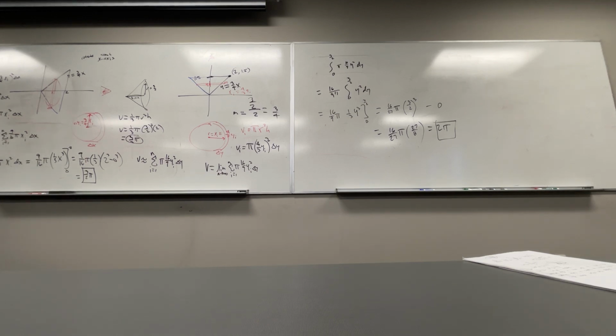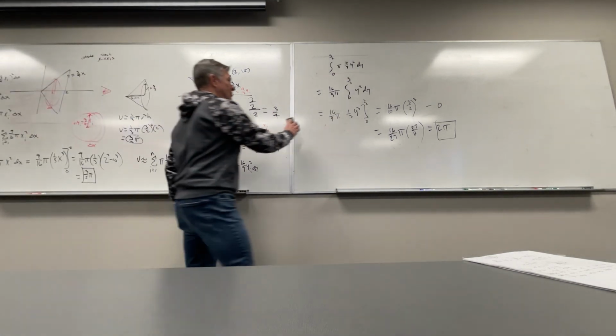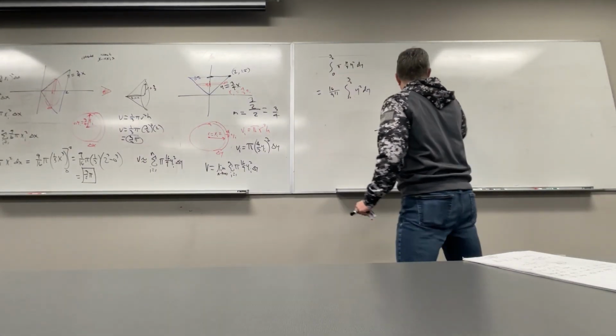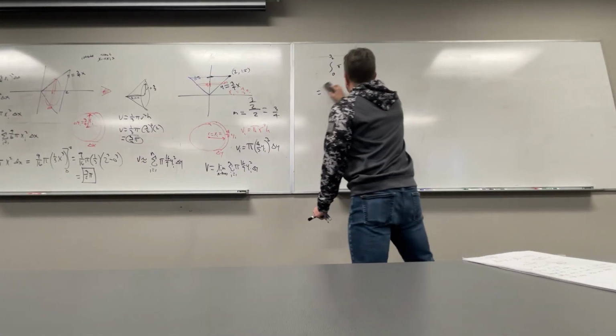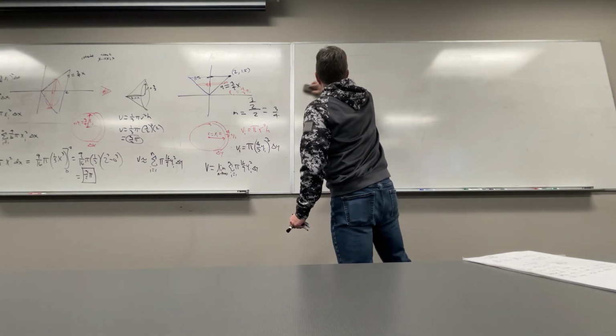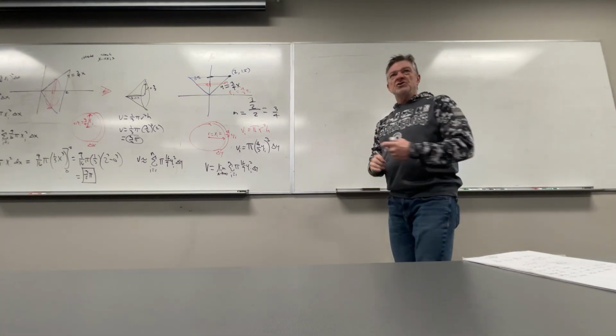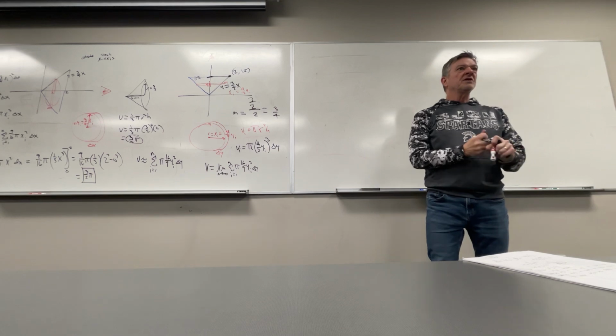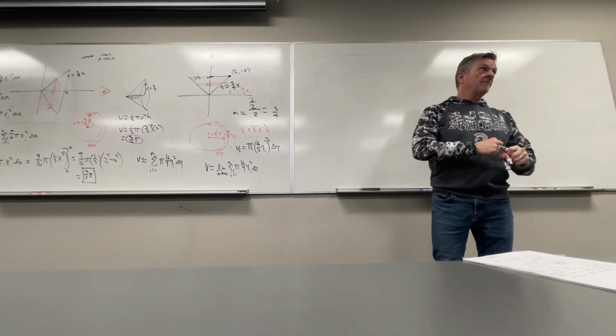Okay, now I know what you're thinking. You're thinking, what if there was a hole in that volume? Well, let's see what that looks like. So let's say we're going to take a different region now.